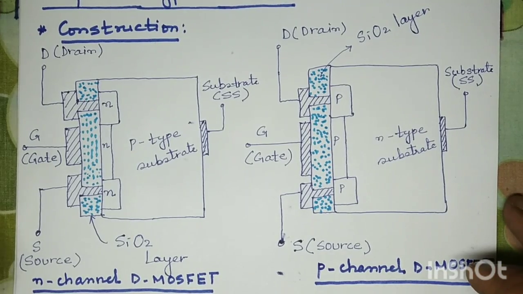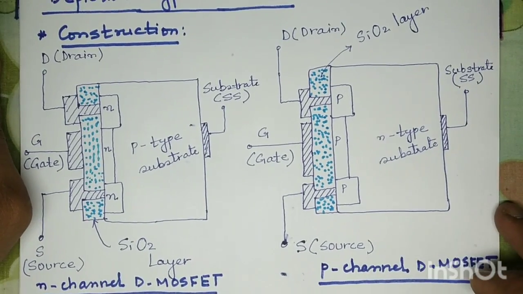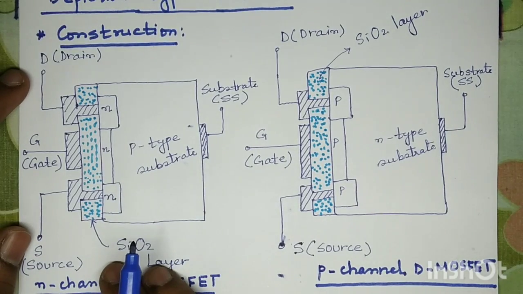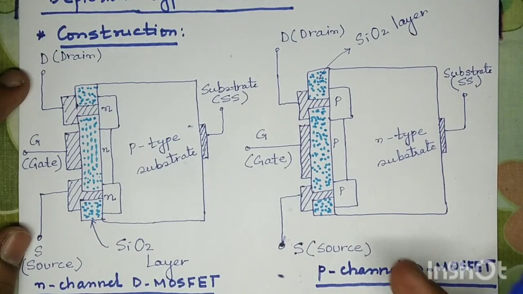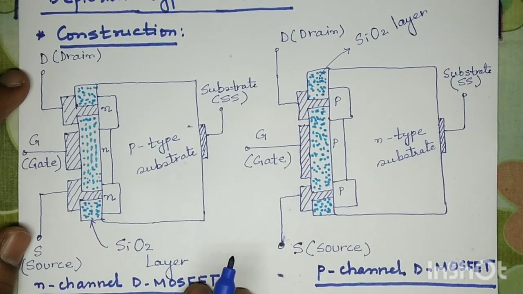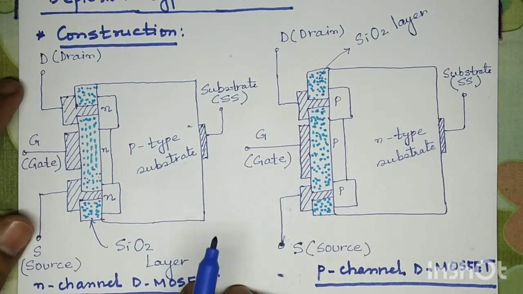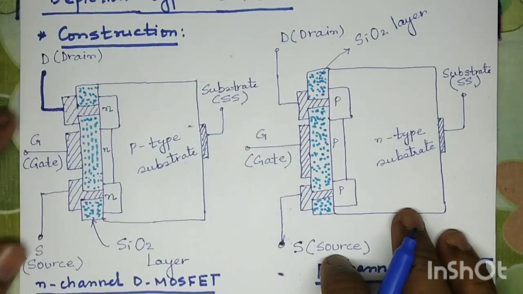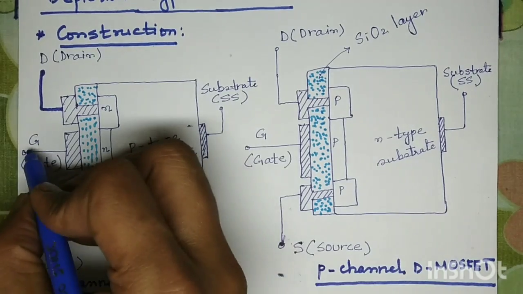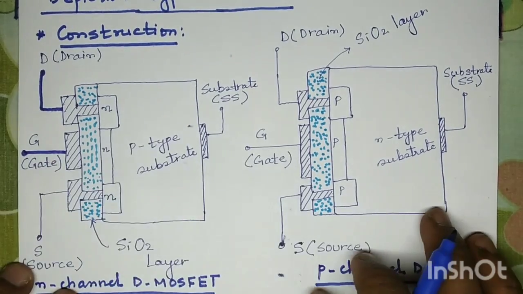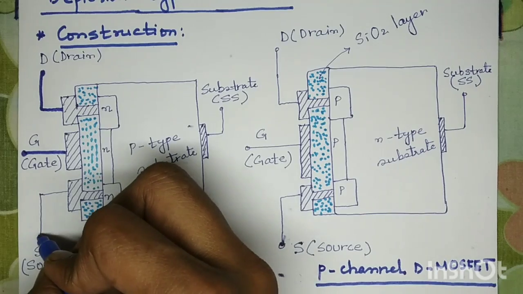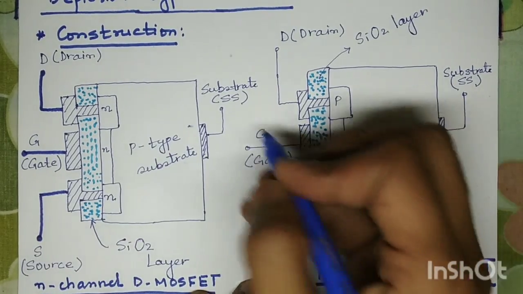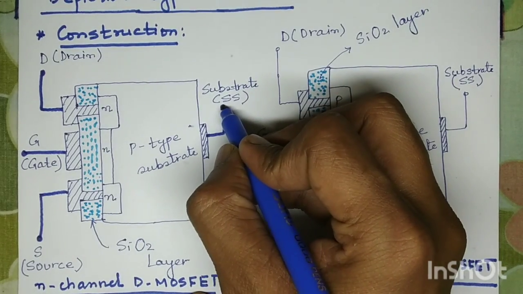To understand the construction of depletion type MOSFET, first of all, we will consider the n-channel MOSFET, and similarly we can explain the construction of p-channel MOSFET. The n-channel MOSFET consists of 4 terminals. The first is this drain terminal, the second is this gate terminal, the third is this source terminal, and the fourth is this substrate terminal.